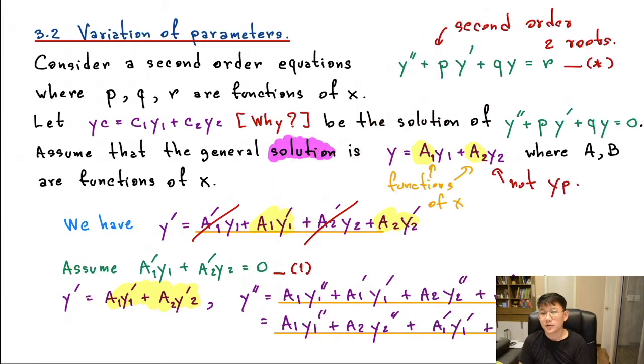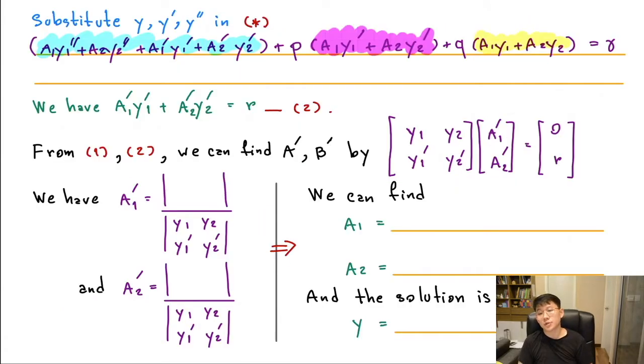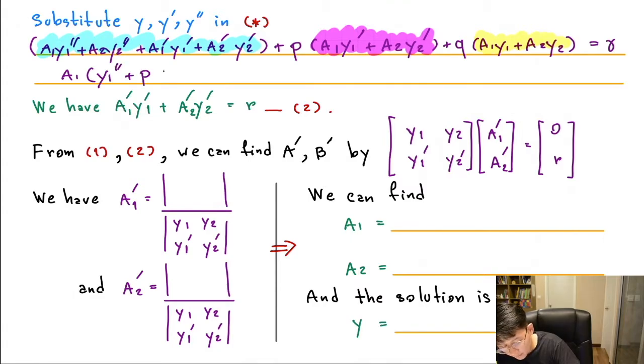So this is what we have after substitution. I rearrange the terms a bit, so I have a1 y1 double prime plus p y1 prime plus q y1.